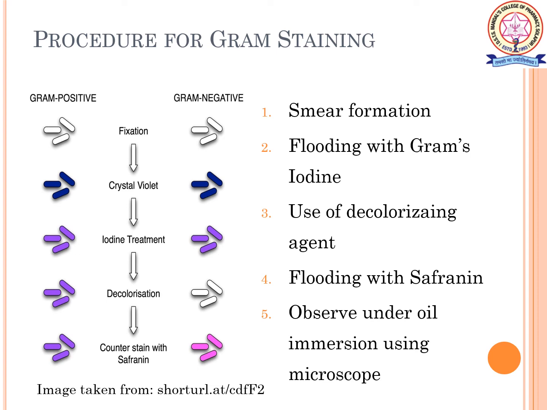In the last step, when we add the secondary stain, that is safranin or counter stain, the decolorized cells are stained pink to red, and this remains as it is. So by the gram staining technique, we can differentiate bacteria into gram positive or gram negative, and after this you are supposed to observe under the microscope.